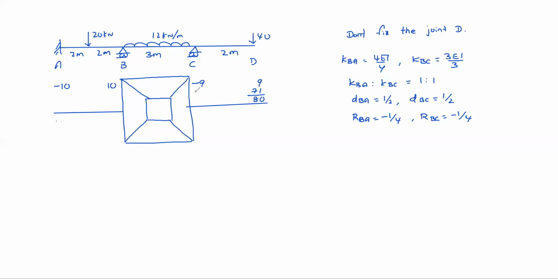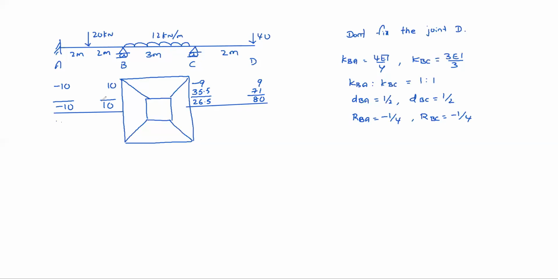So carry over is how much? 35.5. So total here is 26.5. Here minus 10 plus 10 as usual. So understood now?